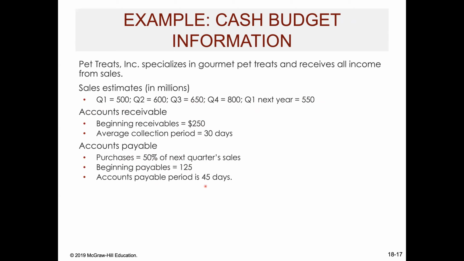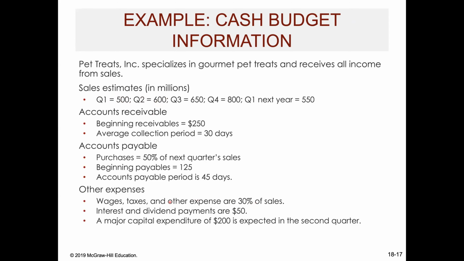And we'll talk about these days here in a little bit. So in Q1, we need to buy 50% of next quarter's sales. Next quarter's sales is 600, so half of that, 50%, would be 300. So we have to buy 300 worth of inventory in Q1, expecting sales in Q2.